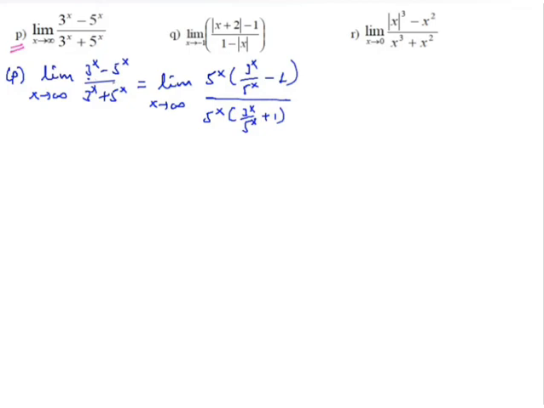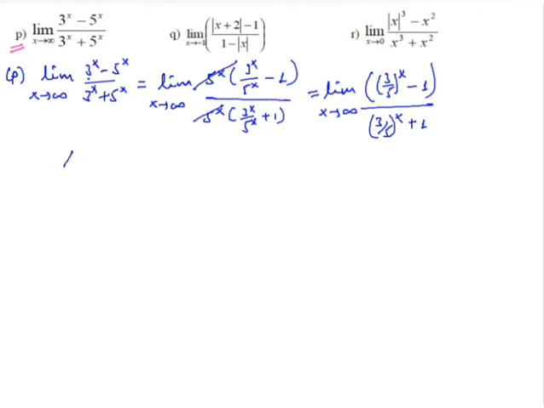I just factored 5 to the power of x from both numerator and denominator. Now this can be cancelled out, so this becomes the limit of (3 over 5) to the power of x minus 1 over (3 over 5) to the power of x plus 1, as x approaches infinity.